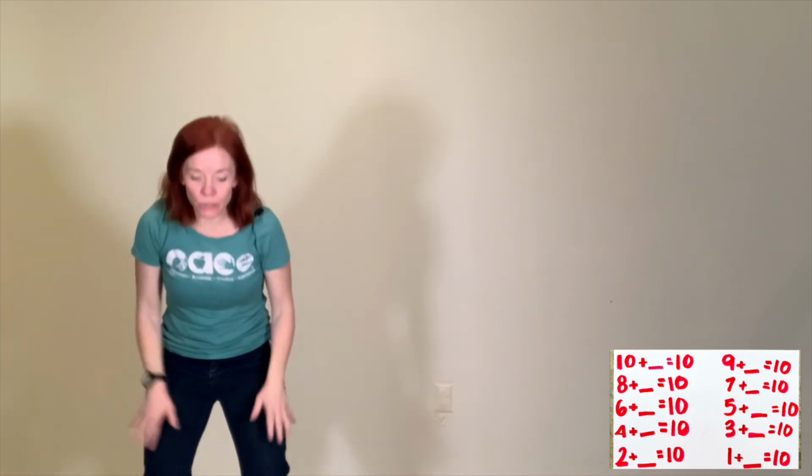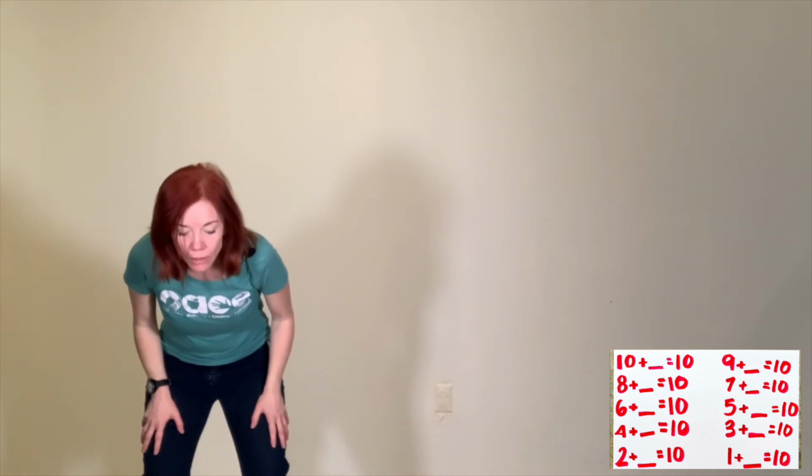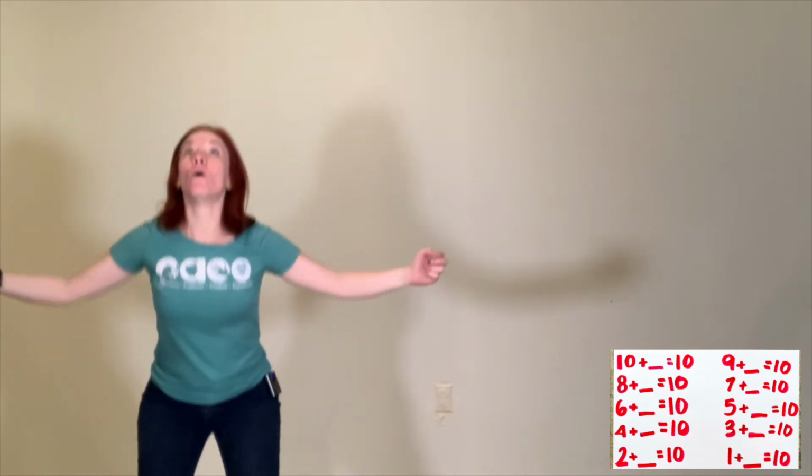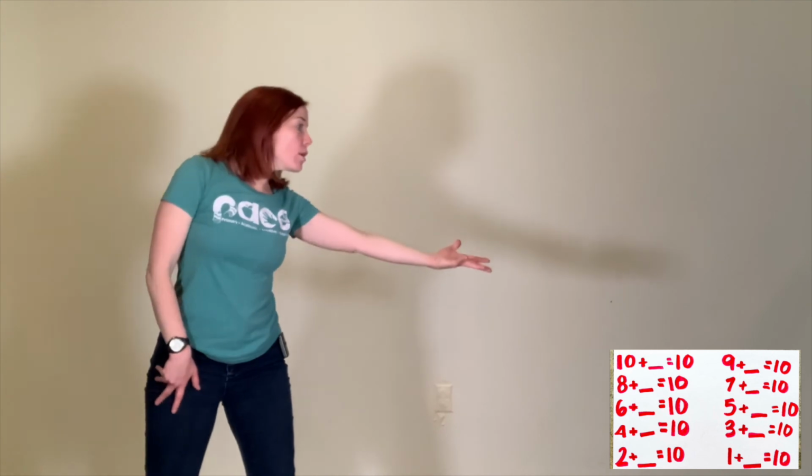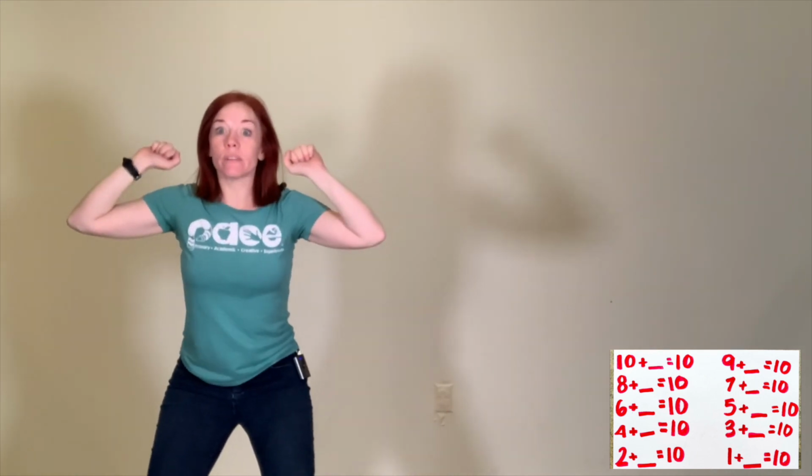We need 1 move, 2 moves. Oh, messed up. Okay, so we have 1, 2, we jump and then land, that's a move. So that's 1 move, 2 moves, 3 moves, 4 moves, 5 moves, 6 moves, 7 moves, 8 moves.